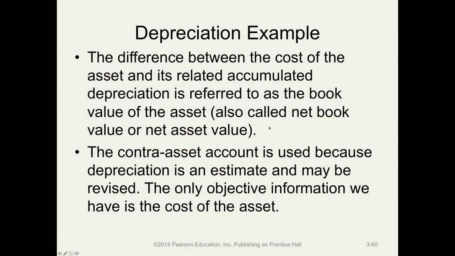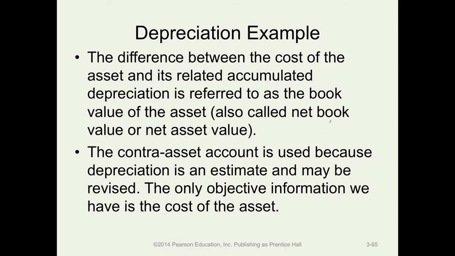Now, of course, when we look at the accumulated depreciation, the difference between the cost of the asset and its contra account is known, as I mentioned, as net book value, net carrying value, or net asset value.